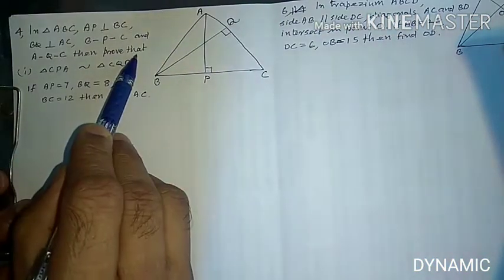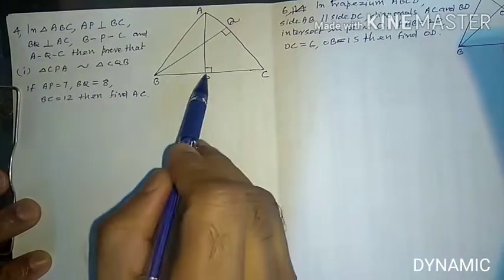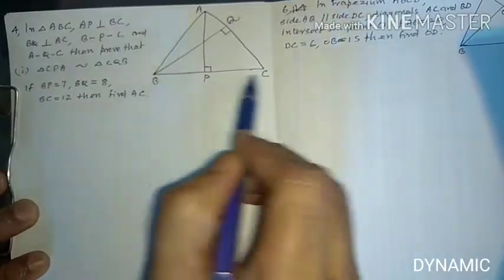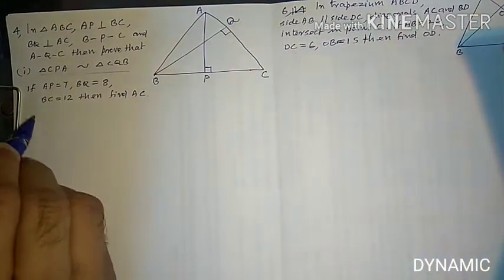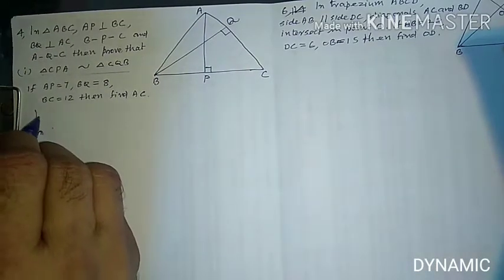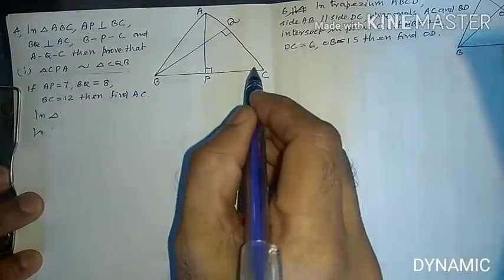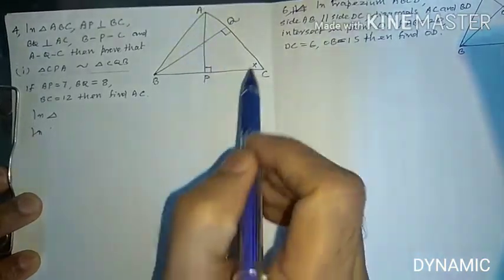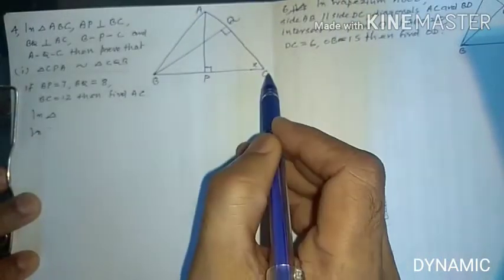Then we have to prove that first, triangle CPA is similar to triangle CQB. See, in the question itself, the answer is hidden. In the triangle, we start with a common angle. This is a common angle belonging to triangle APC, also BQC.